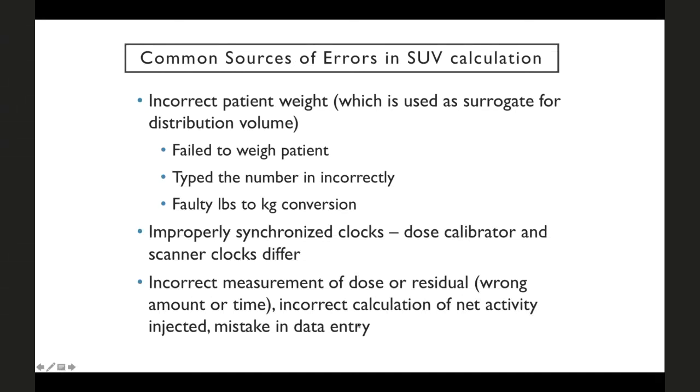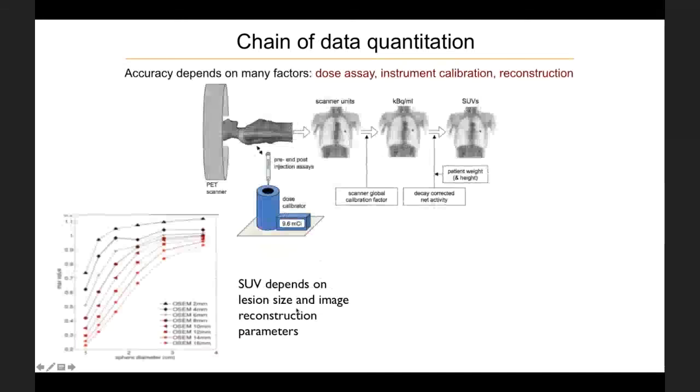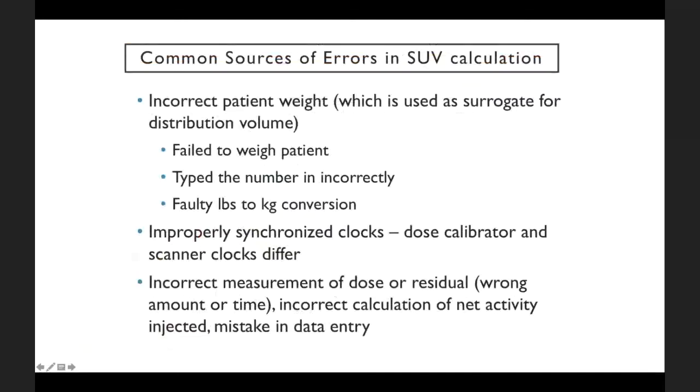And then, of course, another problem that we find is that the scanners don't help the technologists by doing the calculation for them, at least neither the Siemens nor the Philips. It requires that they know the net activity that was injected.